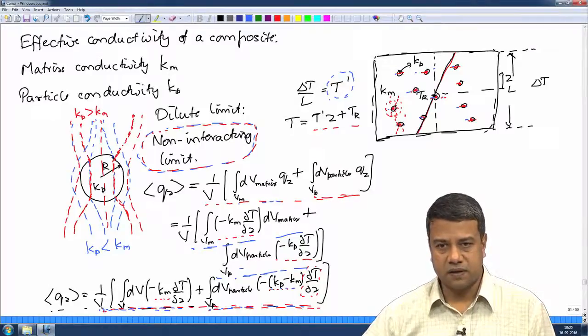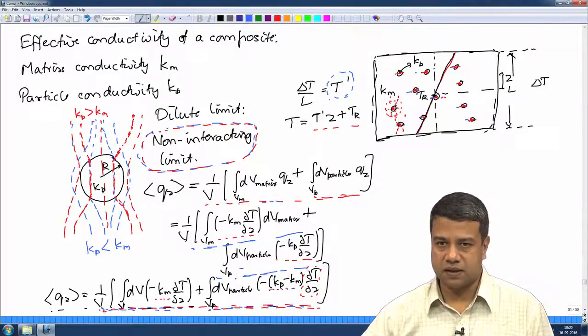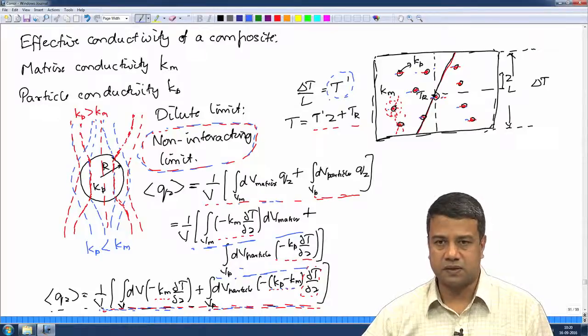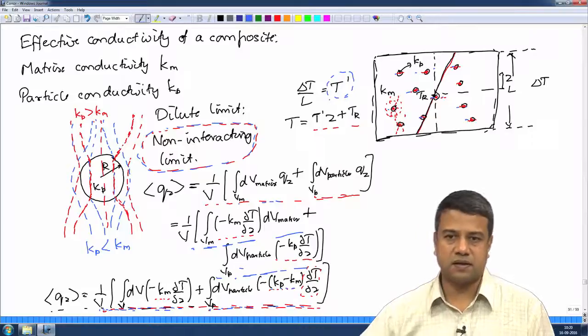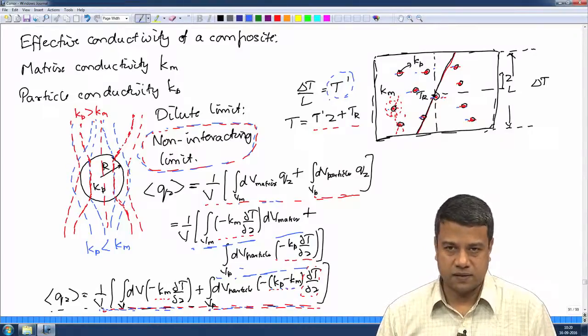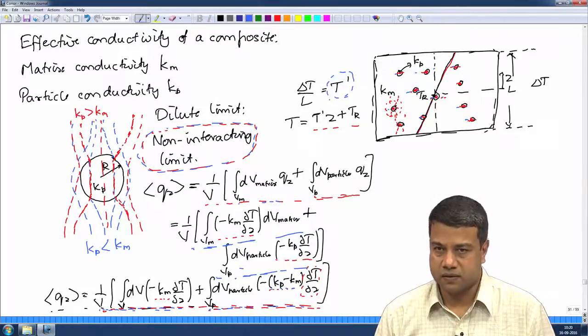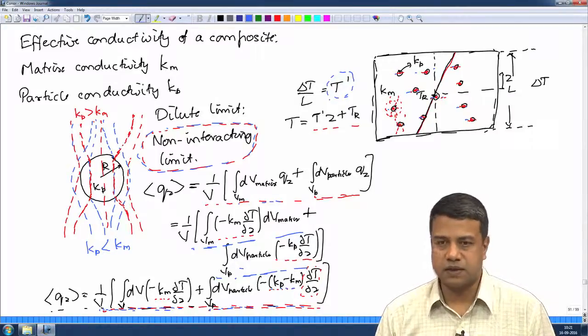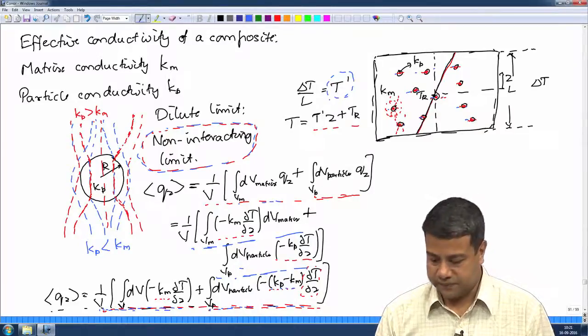If you have an inclusion of a different thermal conductivity within a material and the temperature gradient is constant far from the sphere, what is the distortion of the temperature field close to the sphere due to the presence of this material of a different thermal conductivity?